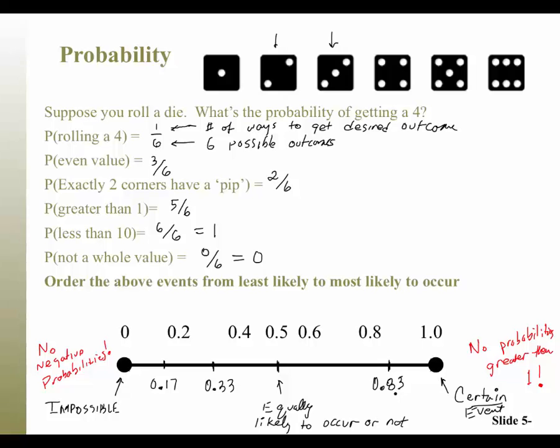A lot more likely to occur than not when you're up above 0.5, all the way up to 1, where it becomes an absolutely certain event. So it's a scale of likelihood. That's what probability is, starting at 0 for impossible, all the way up to 1 for absolutely certain. As your probability increases, it's more and more likely to occur. Halfway, equally likely to occur or not.